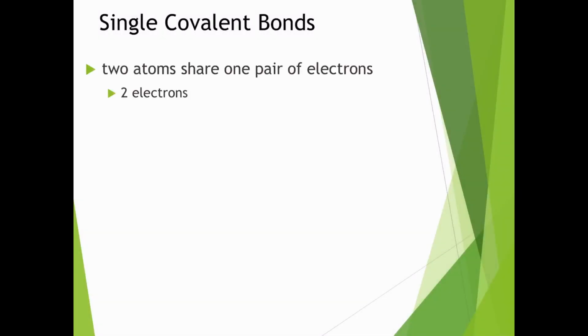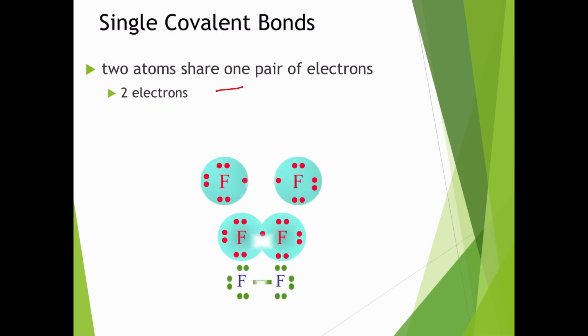So that bond between the fluorines is a single bond. So this is when 2 atoms share 1 pair of electrons. And in that one pair of electrons, there are just 2 electrons, right? So we just made essentially one line. So as the fluorines come closer and closer together, they form this overlap where they can share these 2 electrons, and we'll draw that as a line between the 2 fluorine atoms.